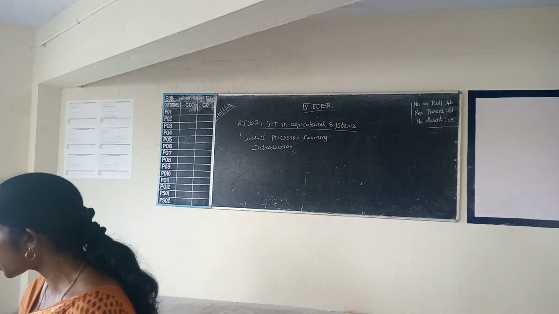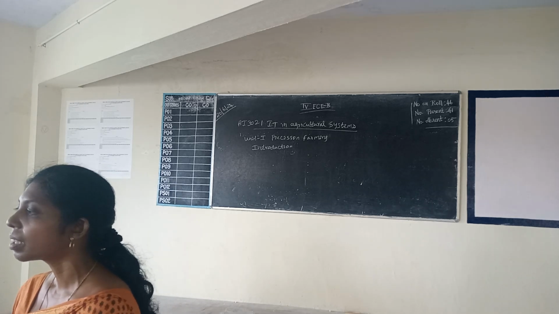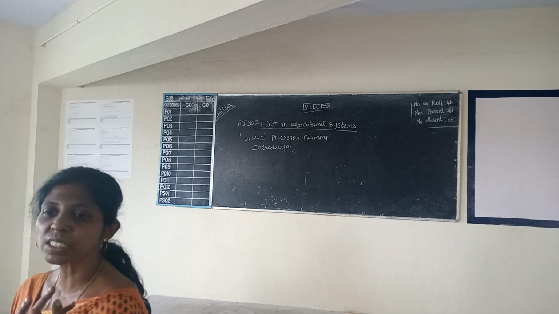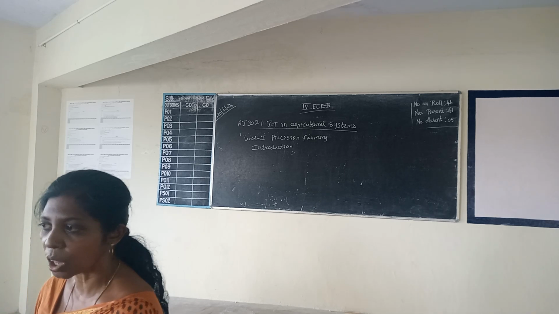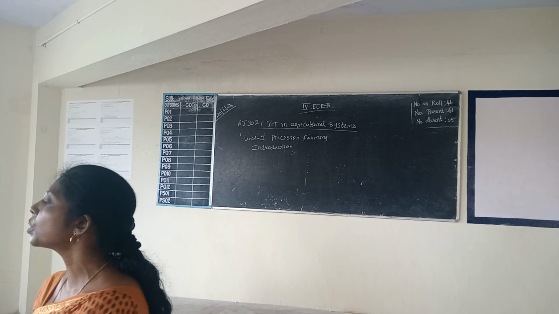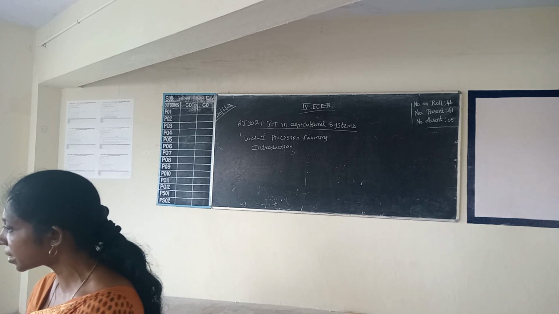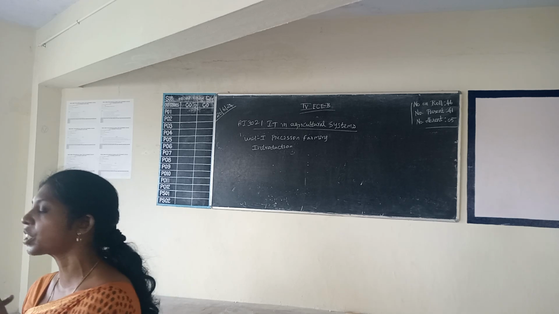What did they use for cultivation? Machines, meaning tractors. They are using tractors for cultivation purposes.